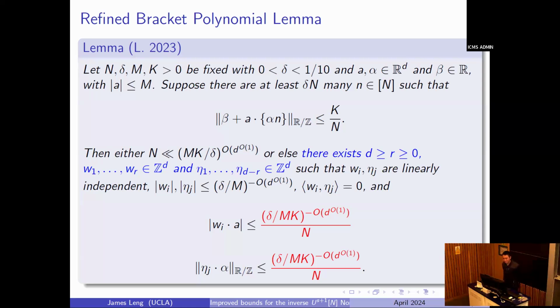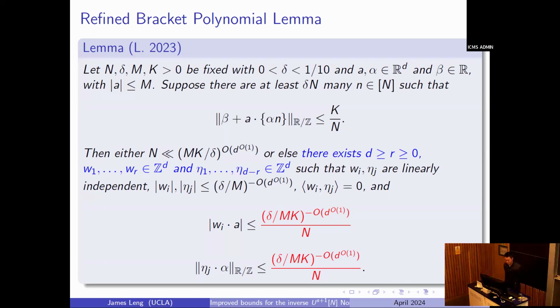The other thing that could happen is that a satisfies a bunch of linear constraints, and alpha dot a bunch of linear constraints is really close to an integer, and these linear constraints are all orthogonal to each other. They're all bounded, and all my losses are sort of single exponential.